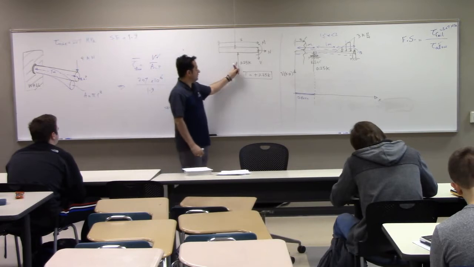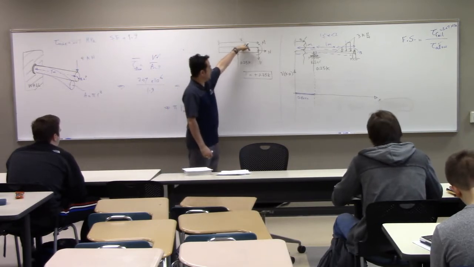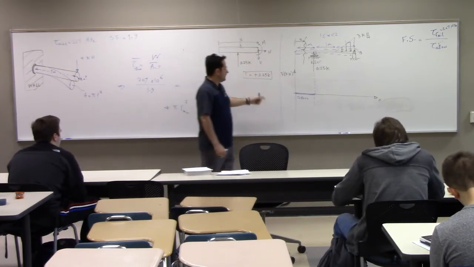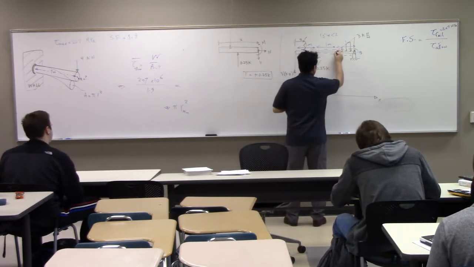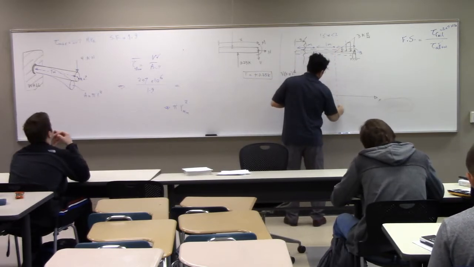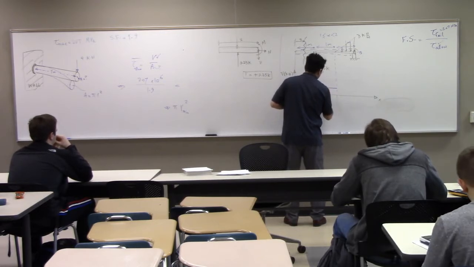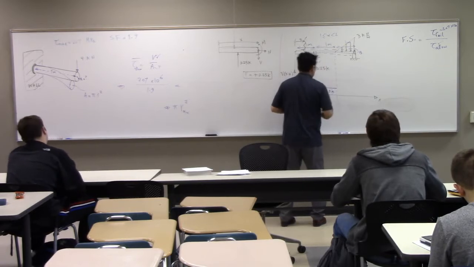Well, if you write summation of force in y, then you get 0.25K positive, negative V is equal to 0. So V is positive 0.25K. So I have something from here to here all the way. You have a positive 0.25K.